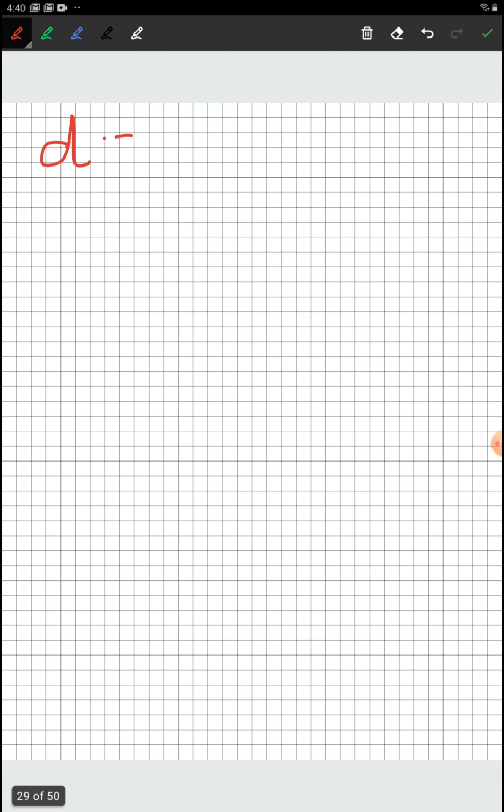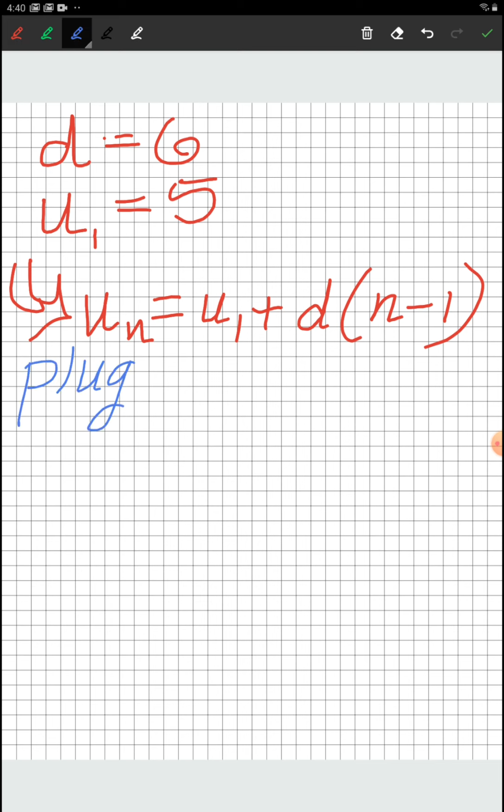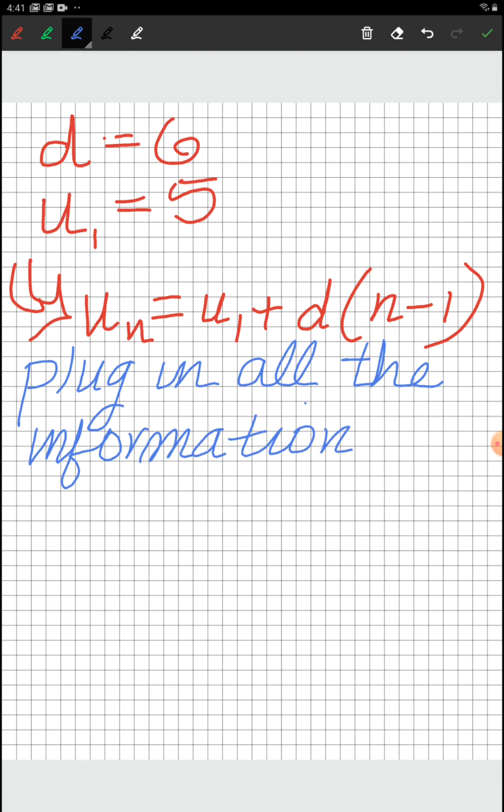So we know what the common difference is. We know what the first term is. Now, our handy dandy formula, we just plug in everything we know. Plug in all the information we just found.